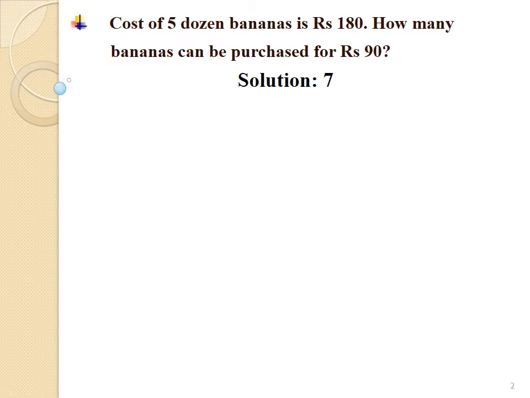Exercise 12.3, sum number 7. Cost of 5 dozen bananas is rupees 180. How many bananas can be purchased for rupees 90? Students, in this question, we have to find out the number of bananas that can be purchased for rupees 90.